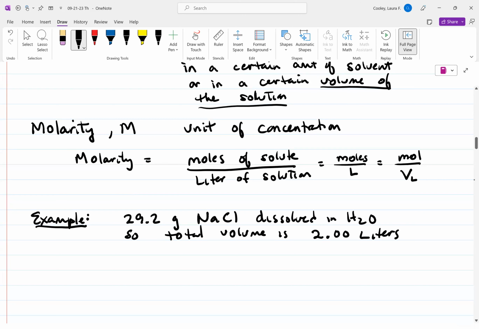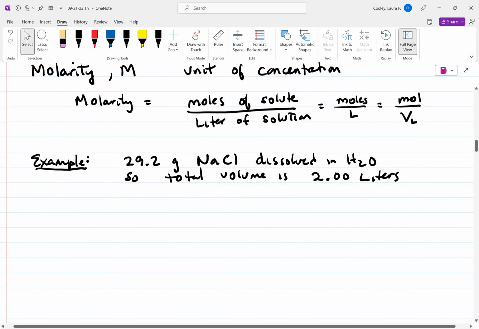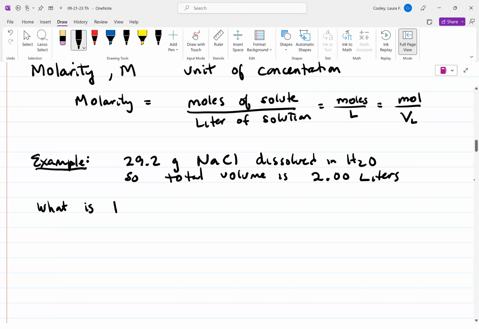Okay, so the question is, what is the concentration? What is the molarity of the sodium chloride? And molarity, we give the symbol capital M. What is the molarity of NaCl in this solution?